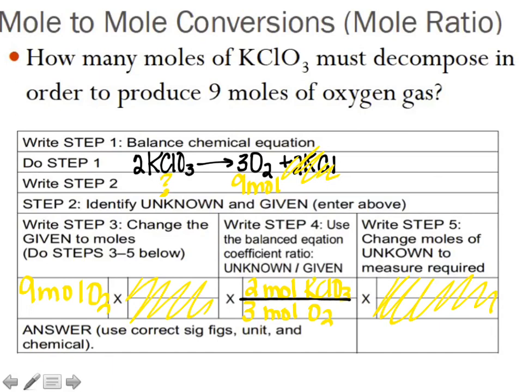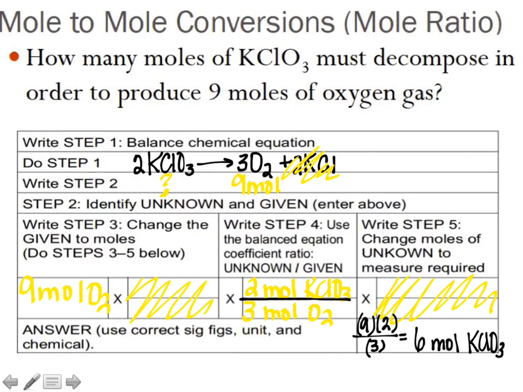So 9 times 2 over 3. And that gets me 6. What's my units? Moles of what? KClO3.